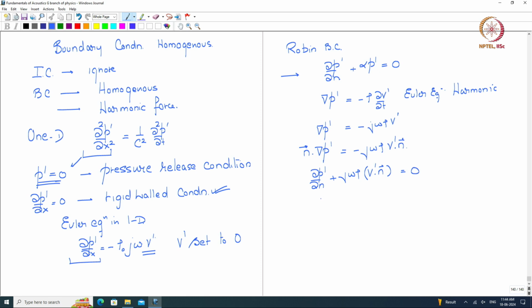So ∂p'/∂n + jωρ p'/Z = 0. So this is the acoustic impedance.